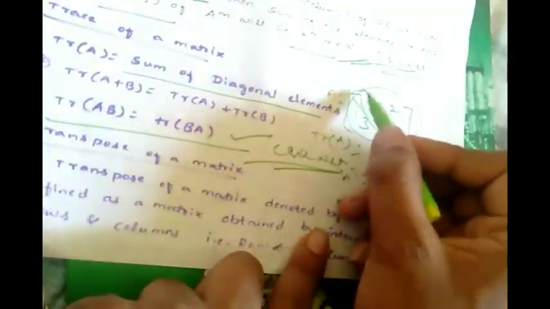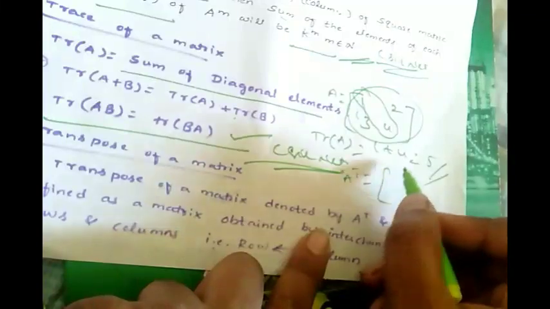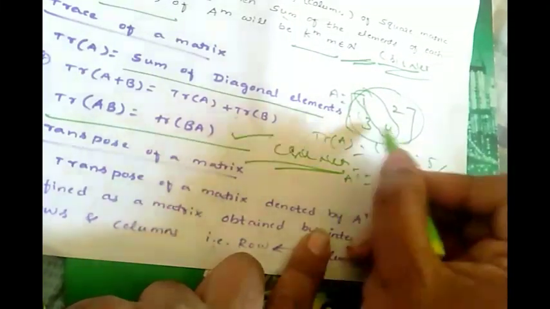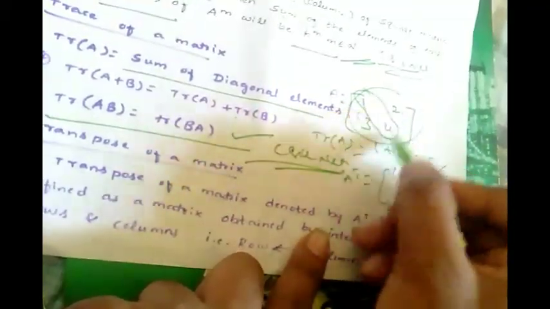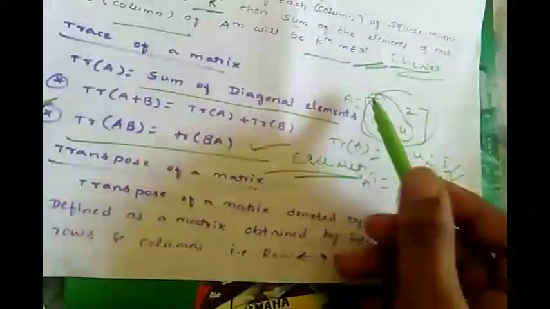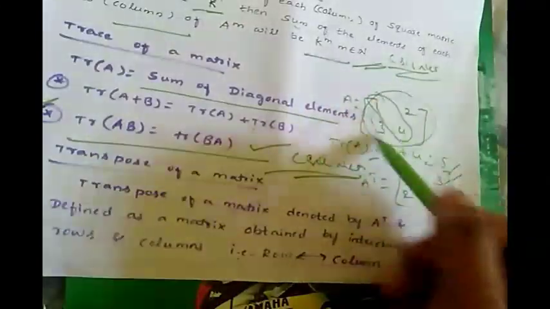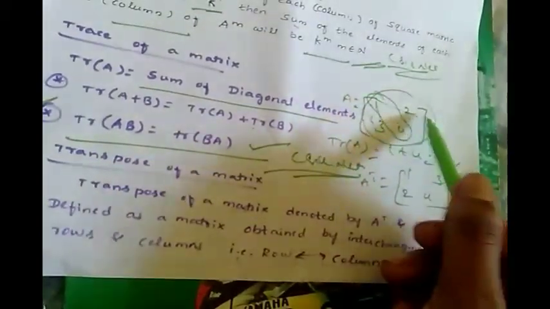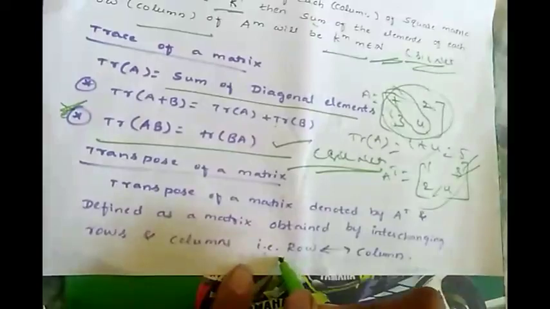This column I write in row form as 1 3, and this as 2 4. This is the transpose of this matrix. Otherwise we interchange the columns, we get 1 2 and 3 4, we get the same. A transpose means we interchange row to column or column to row, that is the transpose of the matrix.